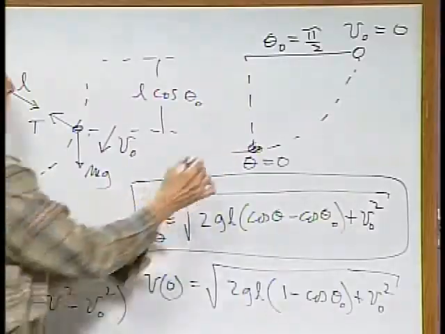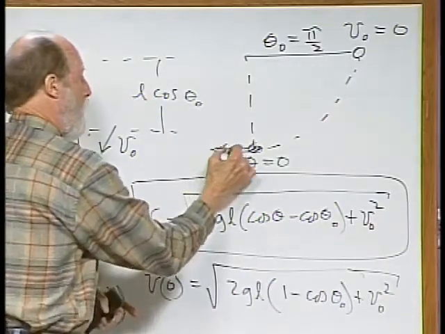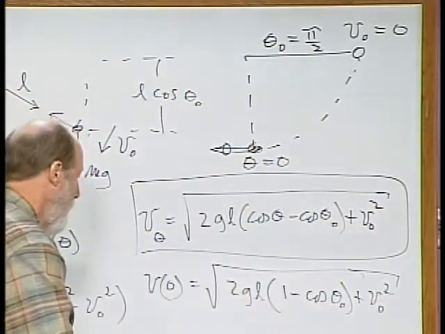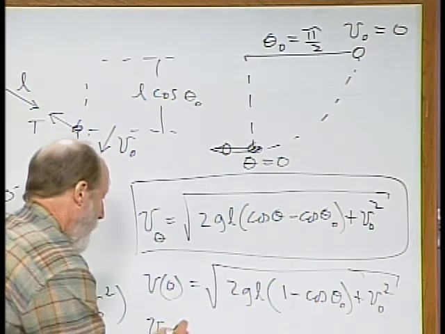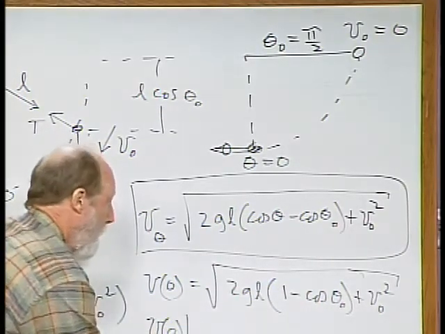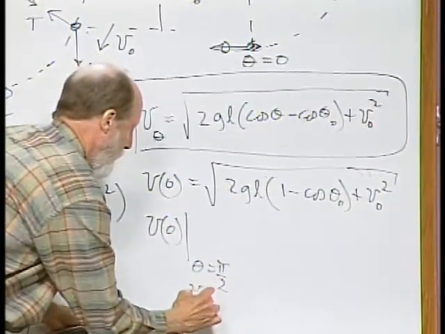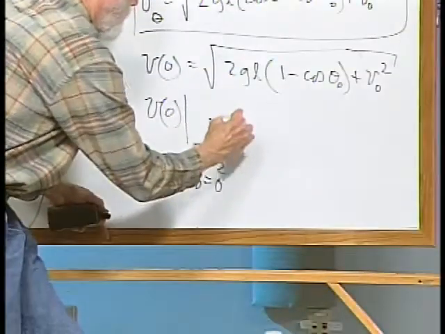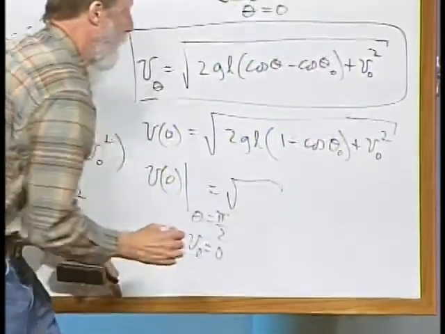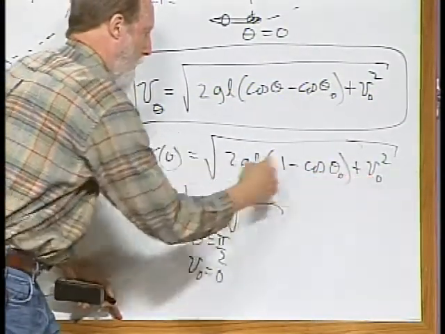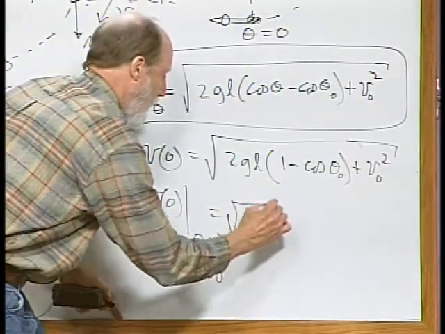When it's at this location, what we'd get is we would drop that in here. So V at 0 with theta naught equals pi over 2 and V naught equaling 0, we're going to get the square root of cosine of pi over 2 is 0, V naught is 0, we get the square root of 2GL.